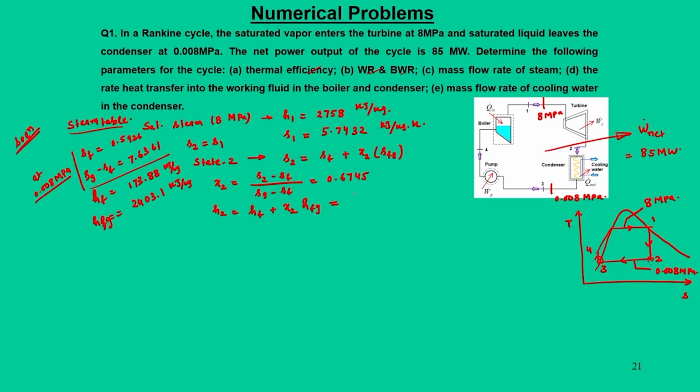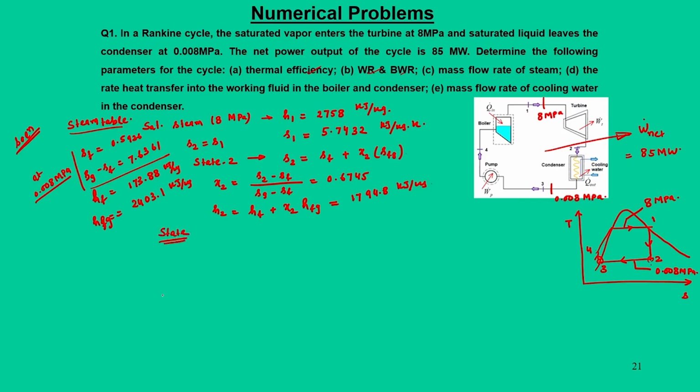So, we get the information about H2, and this H2 is 1794.8 kilojoule per kg. Now, having said this, we have state 1, state 2 information, state 3.